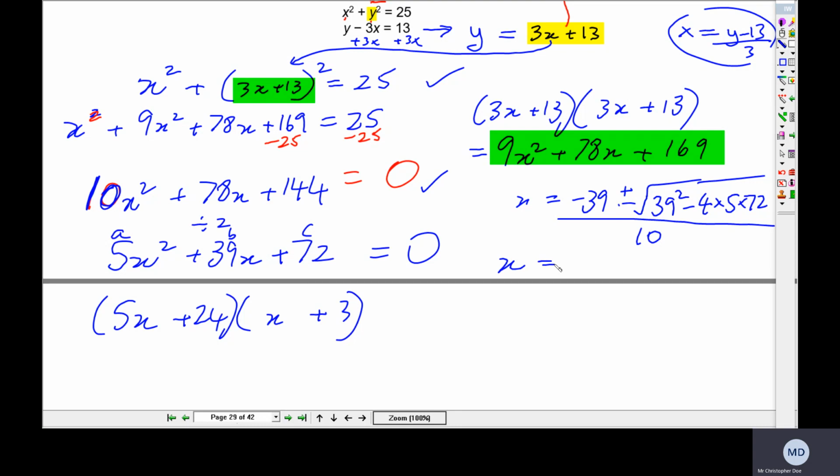So I would suggest, if you're doing that on your calculator, use the fraction button, so you can actually type in on the top minus negative 39 with the fraction button, bracket, minus 39 plus square root of 39 squared, minus 4 times what's a, 5 times 72, close bracket, down the bottom 10.